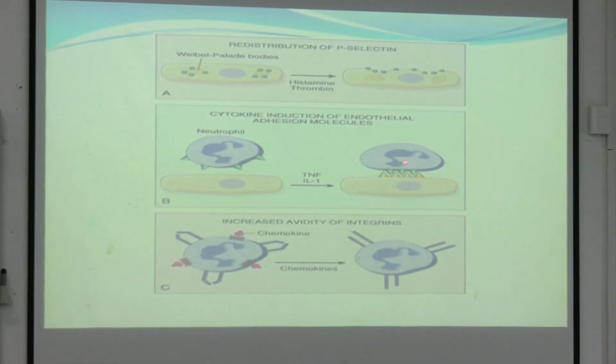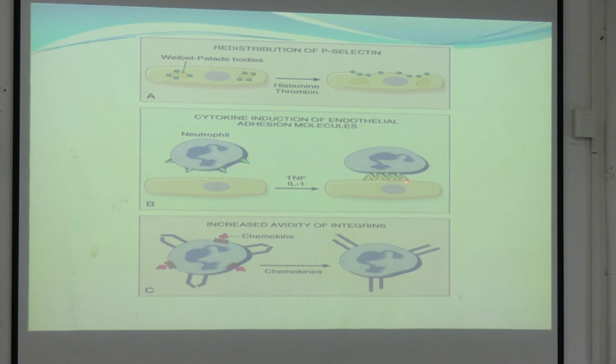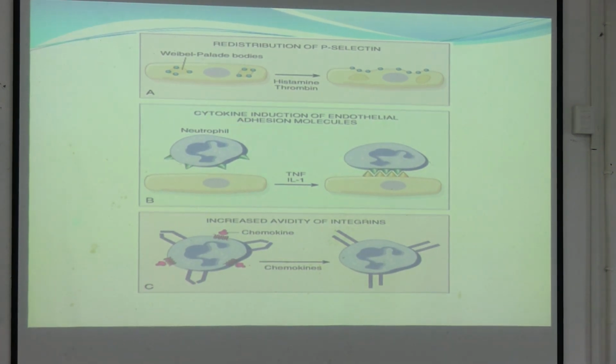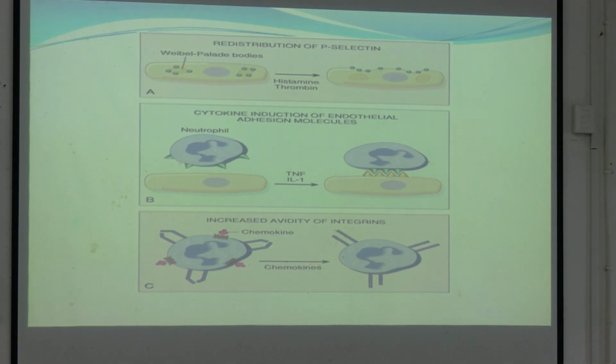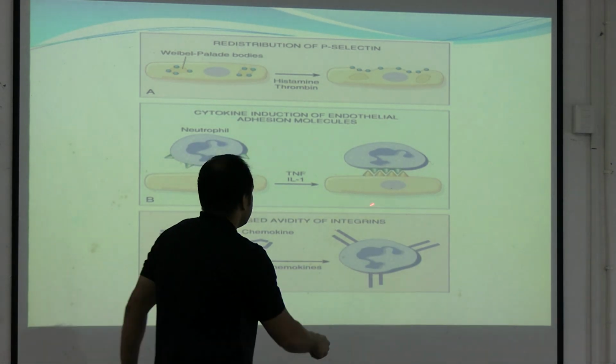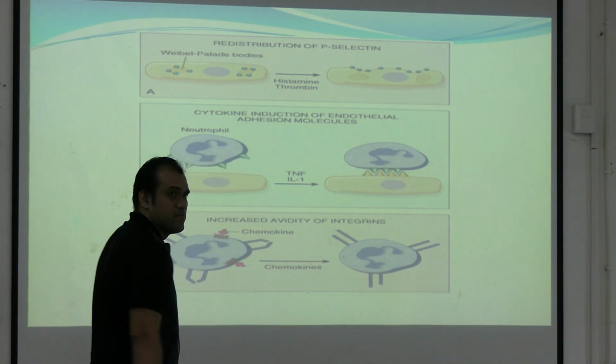Neutrophils, these green colored things, and these yellow colored things are the complementary adhesion molecules, the P-selectin. Now neutrophils express ligands for this green colored triangular thing, like a cone, which is known as a ligand. Neutrophils express ligands for P-selectins. Neutrophils come and attach to the endothelium.